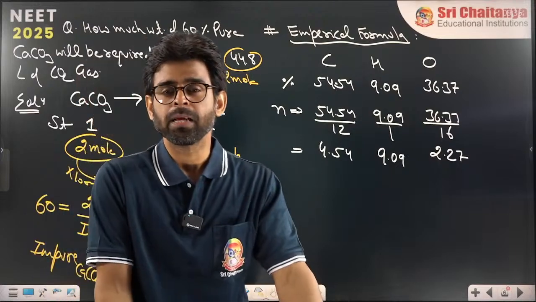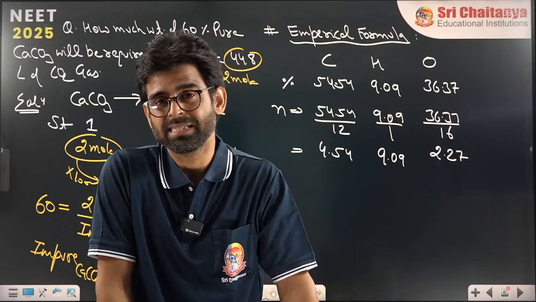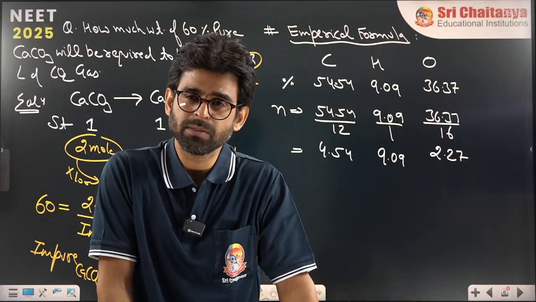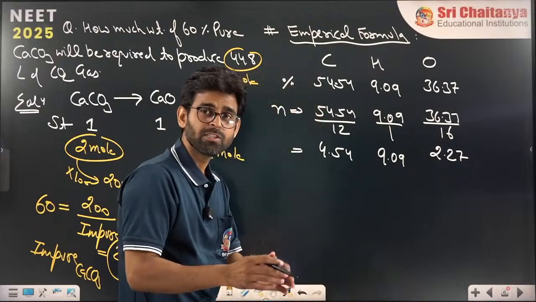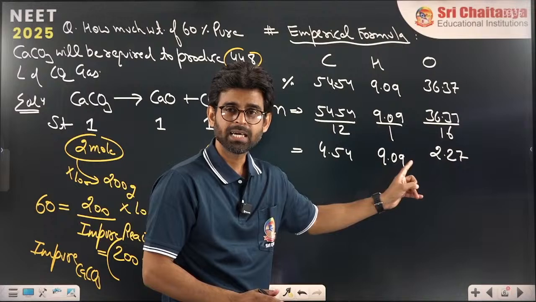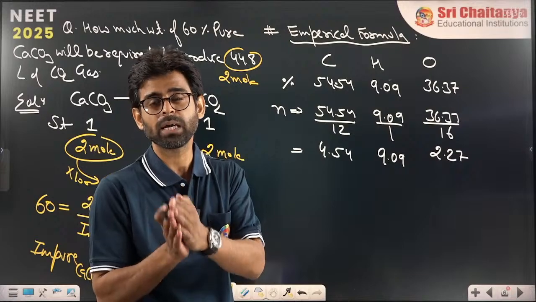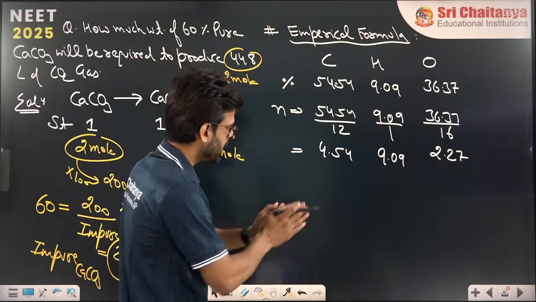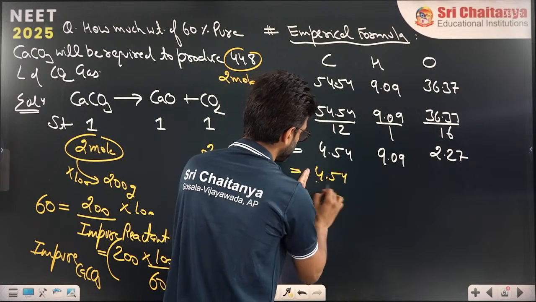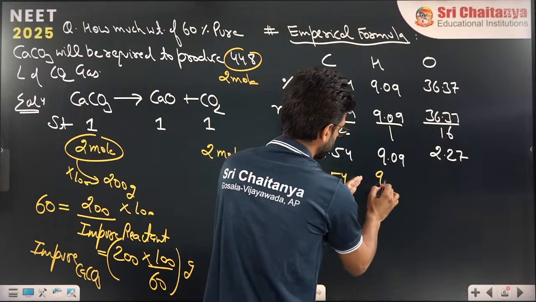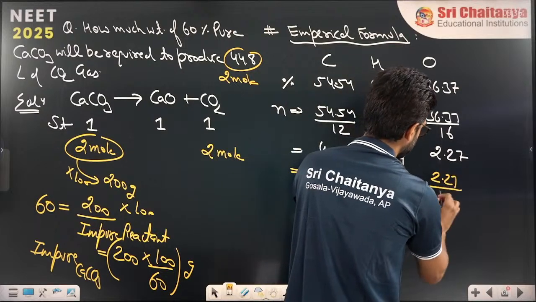But is this molar ratio a whole number ratio? No, it is fractions, decimals. So how to make these decimals into a whole number ratio? We will choose the smallest number out of these and divide all of these by the smallest number, which will convert these decimal values into whole numbers. So 4.54 divided by 2.27, 9.09 divided by 2.27, and 2.27 divided by 2.27.